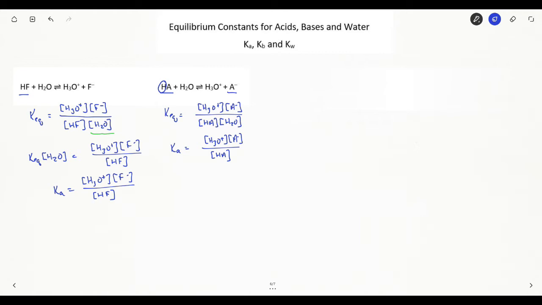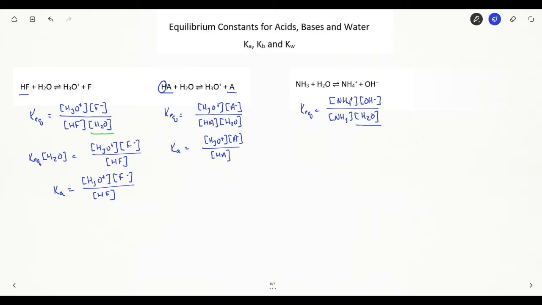Now, of course, we can do equilibrium expressions not just for acids, but also for bases. So again, let's start with a very specific base. Let's start with ammonia. Here is the chemical equation for ammonia. Let's just write an equilibrium expression. Just like with the acid, when we are in aqueous solution, we are going to assume that the concentration of water is constant at about 55.5 molar.